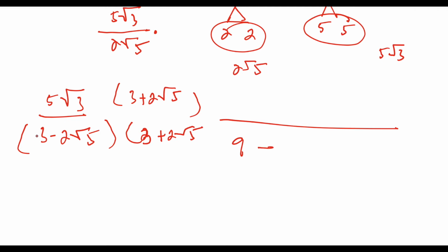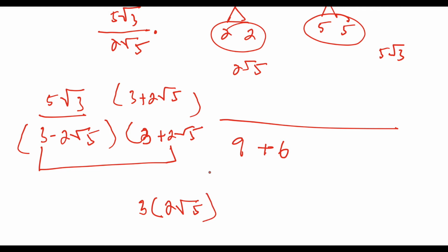Definitely not negative 6. Positive 6 root 5, because you're basically multiplying this with that. Then you have your inside. Is that going to be positive or negative? Negative. They cancel out. So negative 6 root 5.